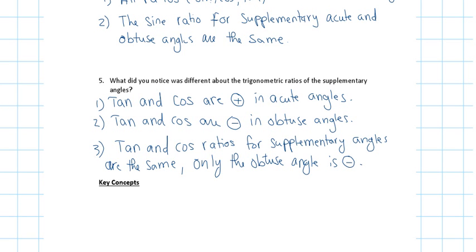Okay, so the key concept of this lesson is we learned that sine ratios are positive for which one? Both. So sine ratios are positive for both acute and obtuse angles.